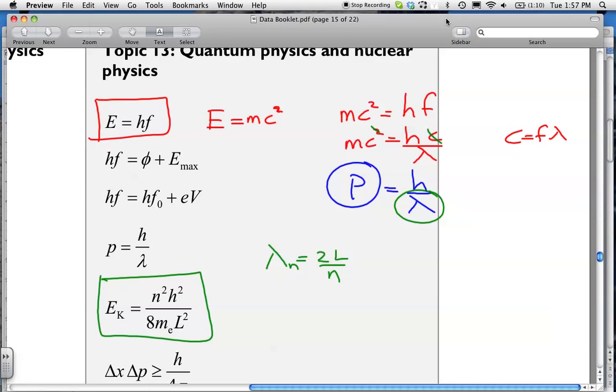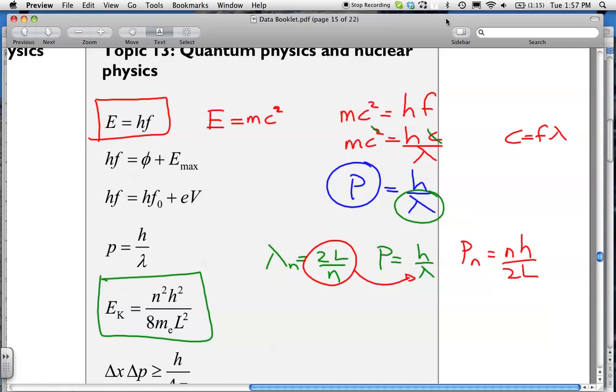Then taking p is equal to h over lambda, we can substitute this into lambda, rearrange it slightly, and we're going to get that Pn is equal to nh over 2L.